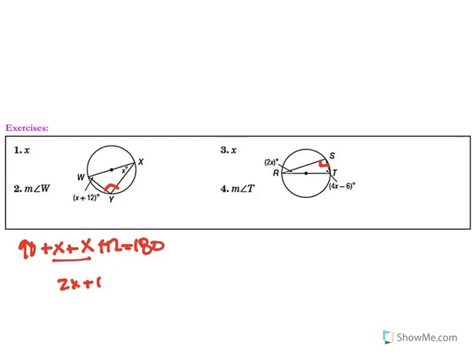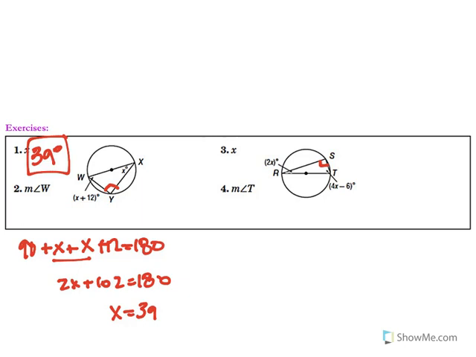Minus 102 from both sides, divide by 2, x is going to equal 39. So little x is 39 degrees, because there's actually an angle called little x.